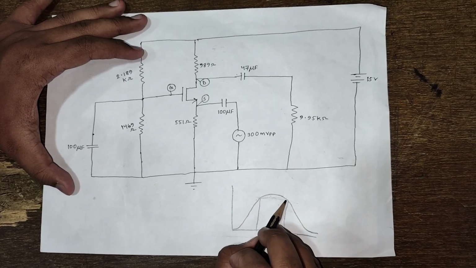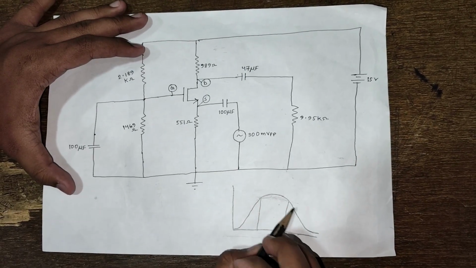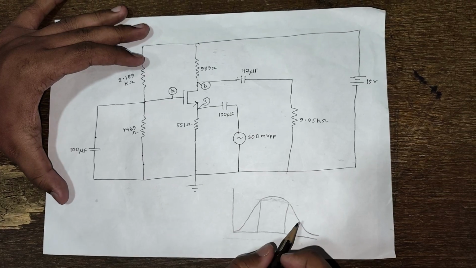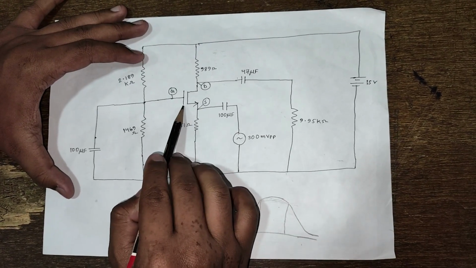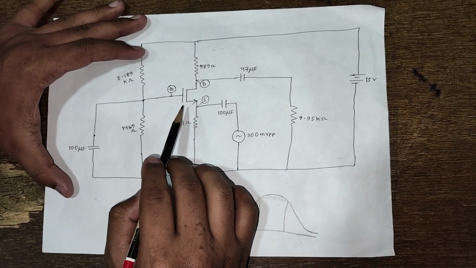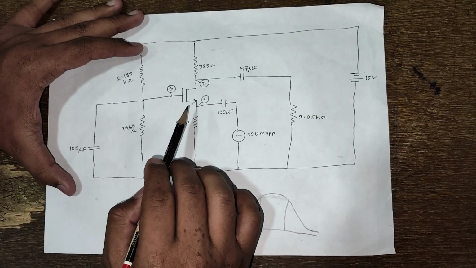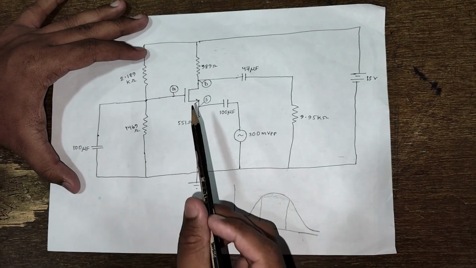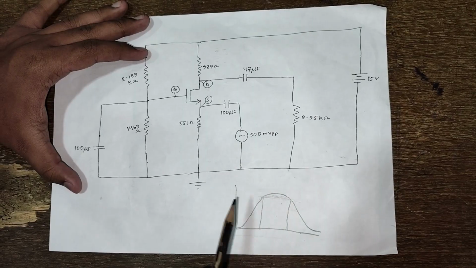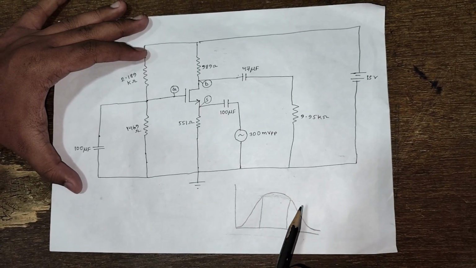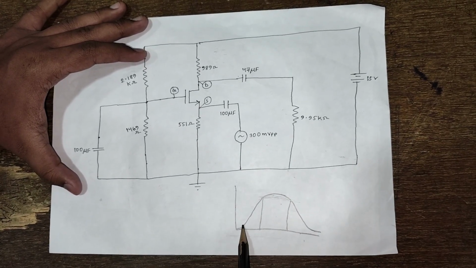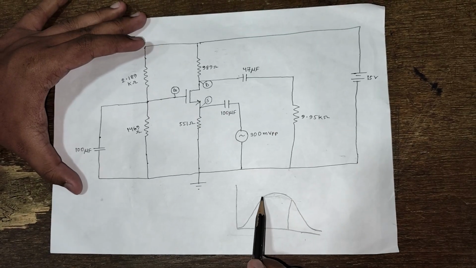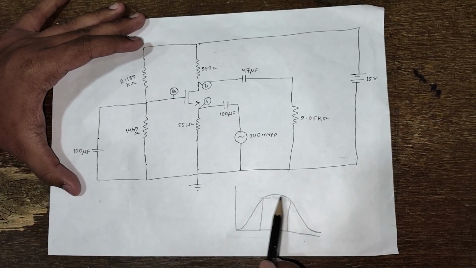So in this region, we get almost constant gain. And at higher frequencies, the internal transistor capacitances of the MOSFET, like CGS and CGD, start affecting the circuit, which also reduces the gain. That's why we get lower gain at low and high frequencies and high and constant gain at the mid frequency range.